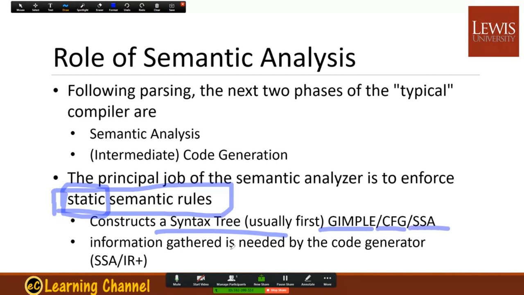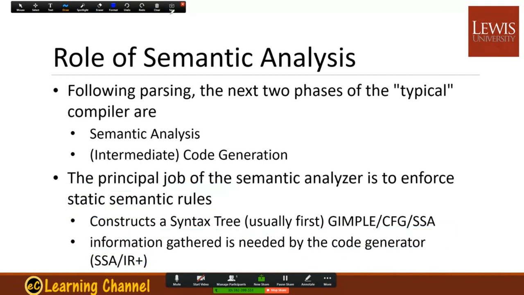The information gathered is needed by code generation, SSA, IR, plus instruction selection and register allocation. Basically, it constructs a decorated tree and gets the information needed for code generation in the next back-end stages.